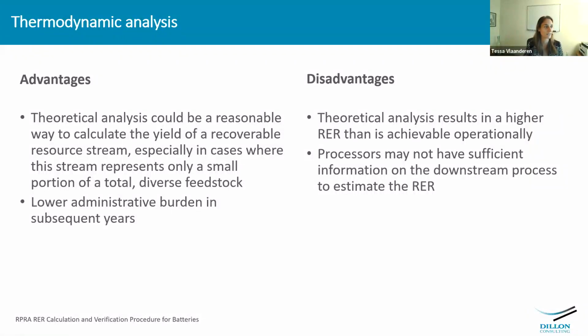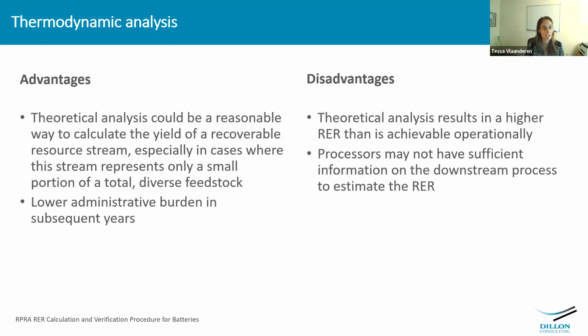So we know that theoretical analysis is not going to be highly accurate and is going to be overestimating the yields. However, there are also advantages, because theoretical analysis could give a better idea of a yield, or maybe in some cases, we have heard, the only achievable way of calculating the yield of a recoverable resource stream, in case this is a very small portion of a total diverse feedstock that enters into a joint final product.